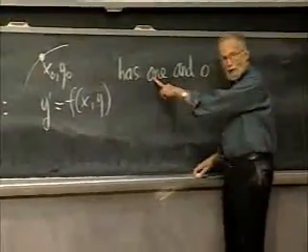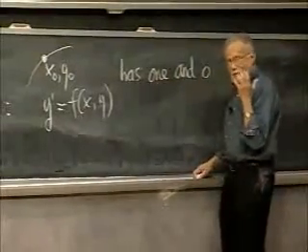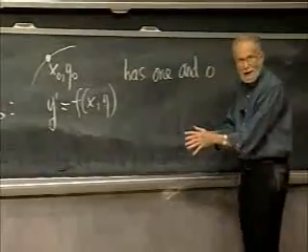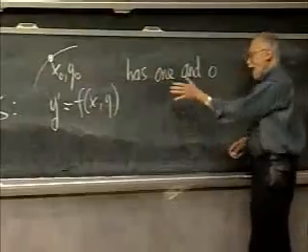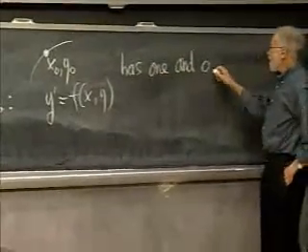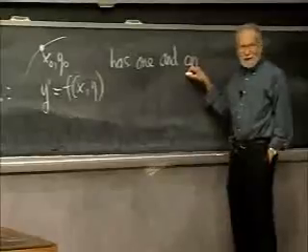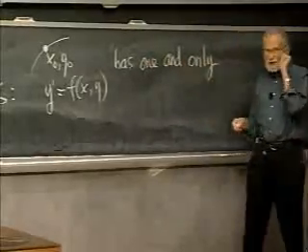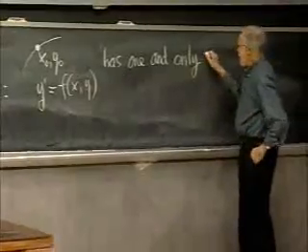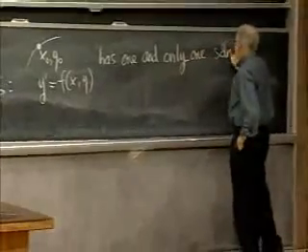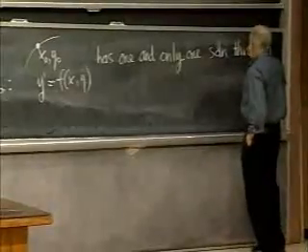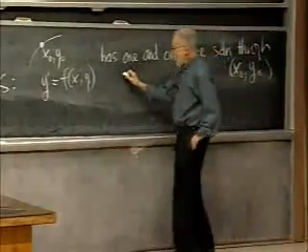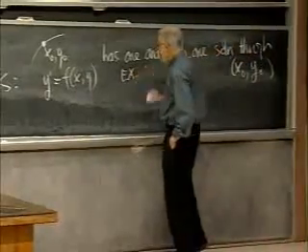In mathematics speak, having one solution means at least one solution. It doesn't mean it has just one solution, okay? That's mathematical convention. It has at least one solution, but the killer is only one solution. That's what you have to say in mathematics if you want just one: one and only one solution through the point x0, y0. So the fact that it has one, that's the existence part.